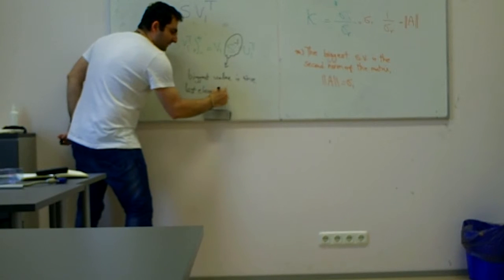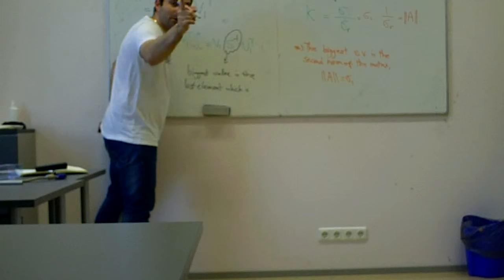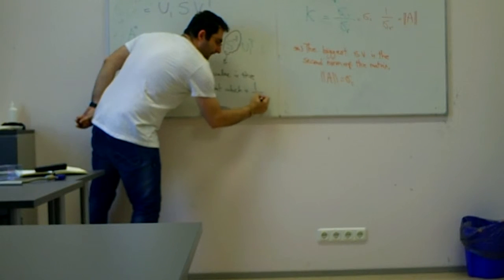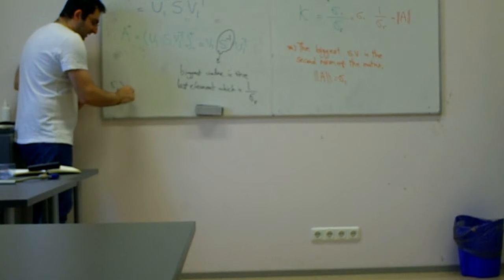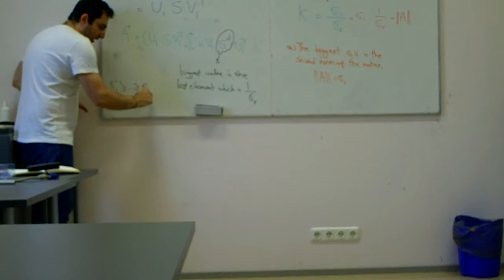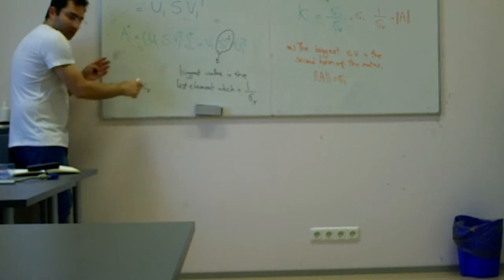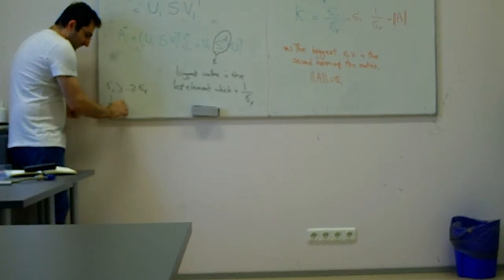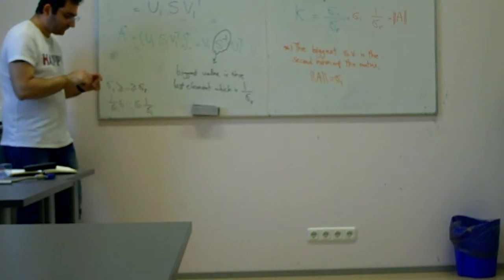What is it? 1 divided by sigma R. Because we know that if sigma 1 is greater than sigma R, the reciprocal will change the direction. So 1 over sigma 1 is the smallest, 1 over sigma R is the biggest.